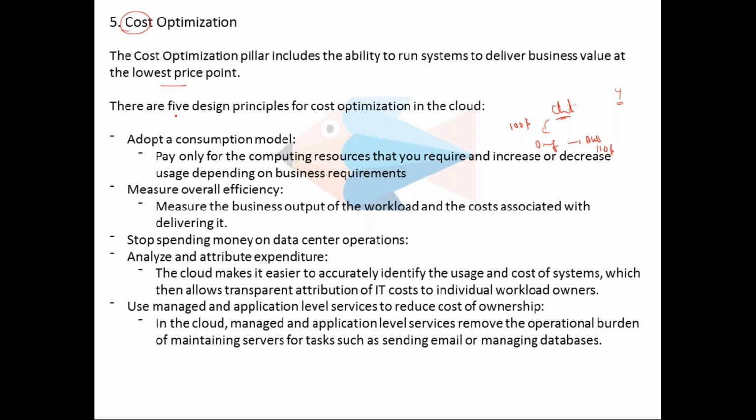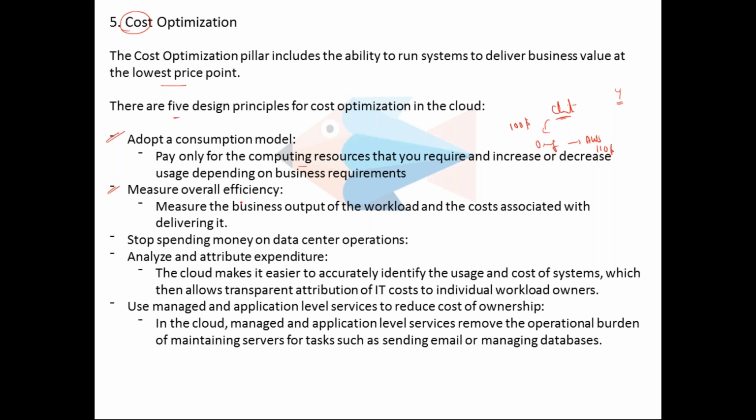We have 5 design principles for that. Adopt a consumption model. Pay only for the compute resources that you require, and increase or decrease usage depending on business requirements. It is just that you pay for exactly what you are using. Measure overall efficiency. Measure the business output of the workload and the cost associated with delivering it.